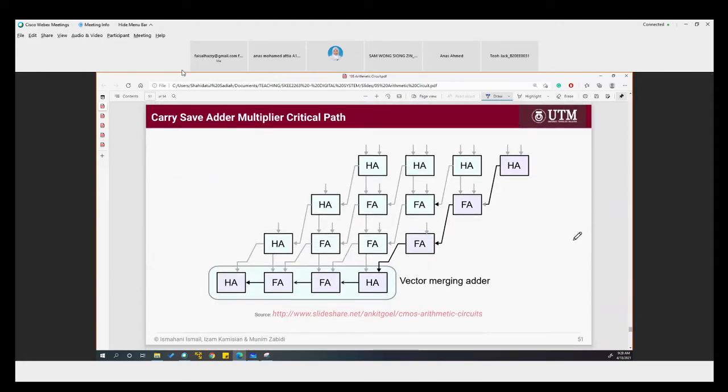And the critical path here, and then we have the CPA at the end, right? Carry propagation adder, also called the vector merging adder for the carry save adder, that merges the last two.